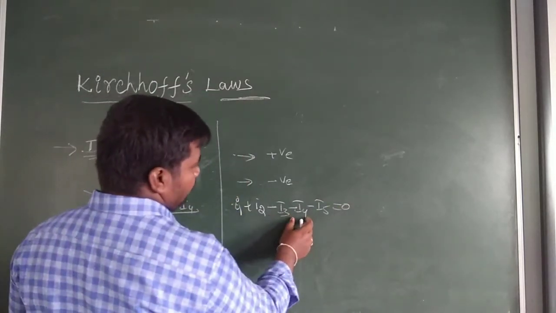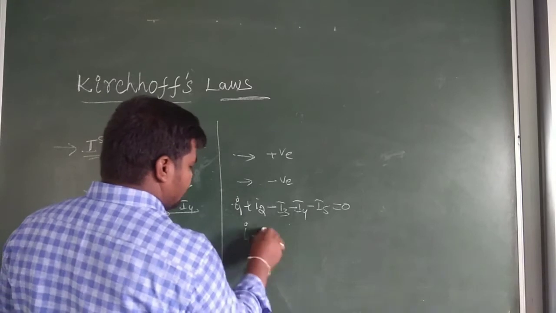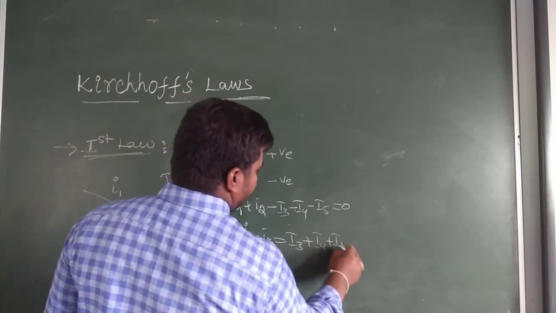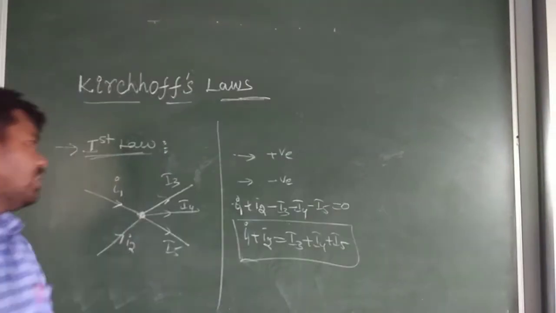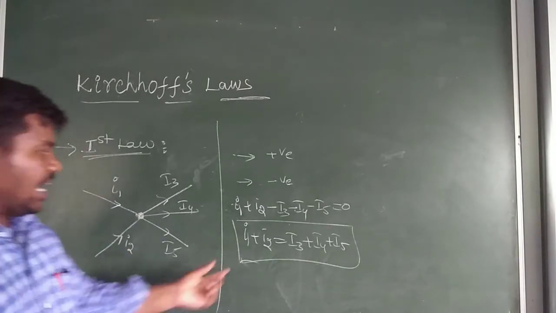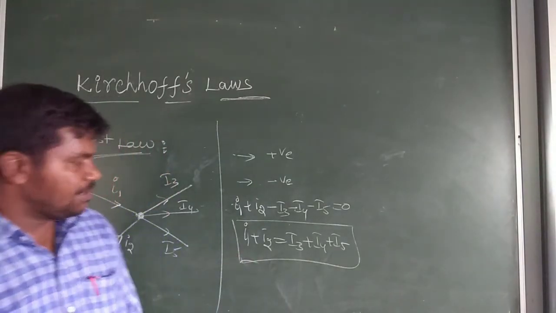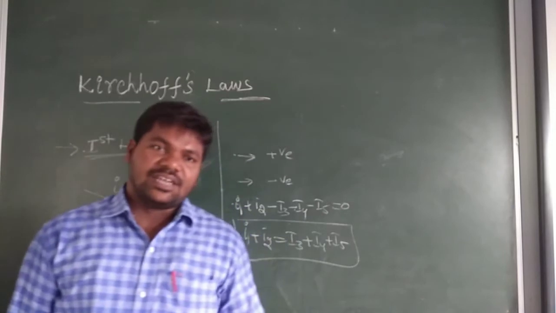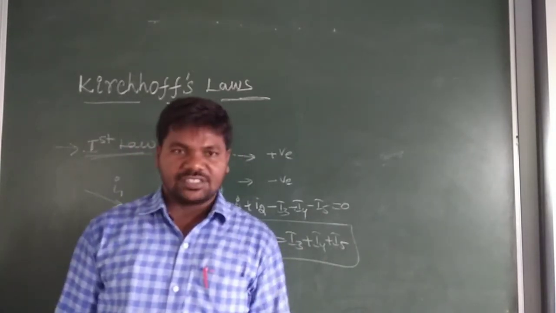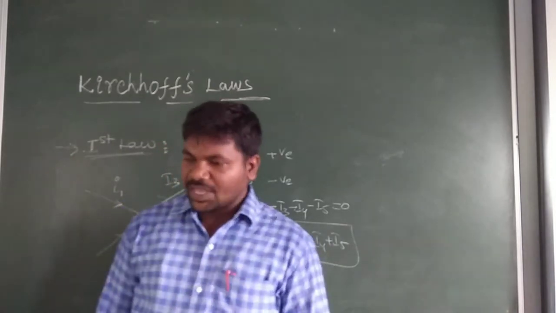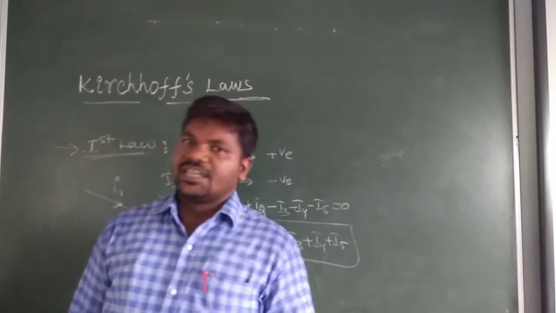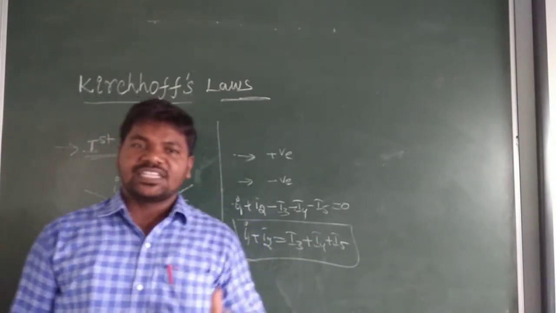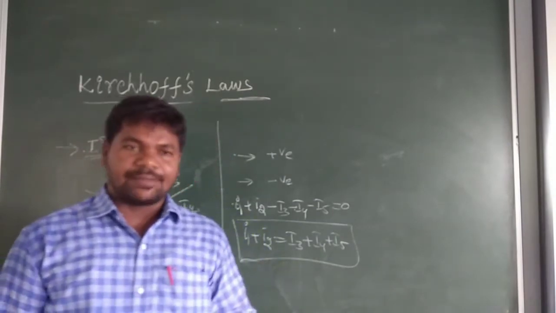Sending I3, I4, I5 to the right side, I1 plus I2 is equal to I3 plus I4 plus I5. This is the junction rule, or first law. Kirchhoff's first law gives conservation of charge: the charge entering the junction per unit time equals the charge leaving the junction per unit time.